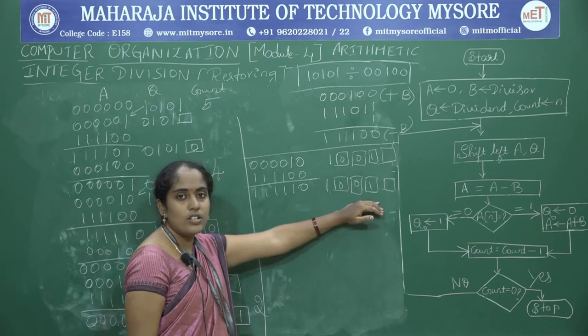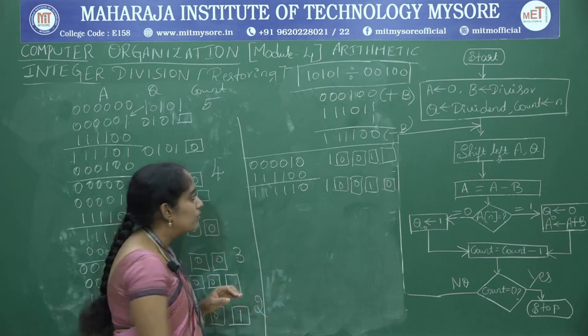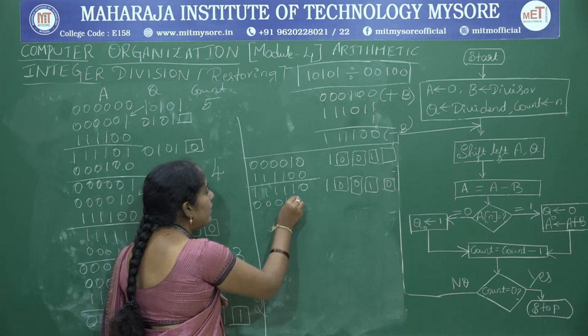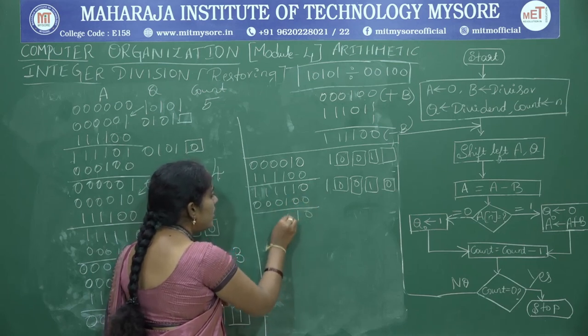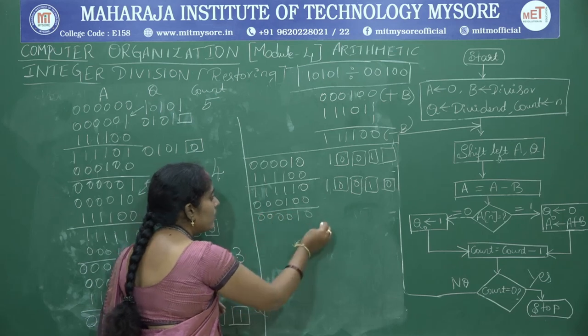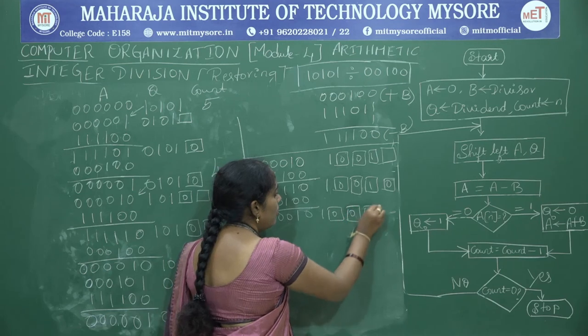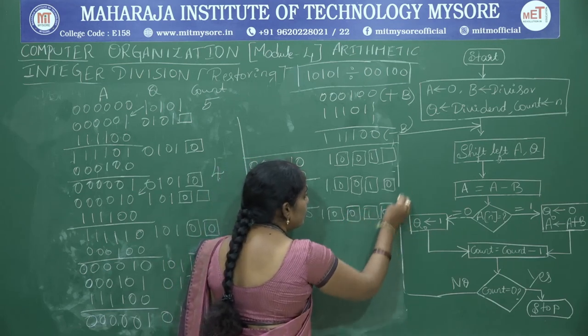That means you need to set Q0 to 0, then restore the A value. So it is plus B, 0 0 0 1 0 0. So that is nothing but 0 1 0 0 0 0. So 1 0 0 1 and 0 and count value.